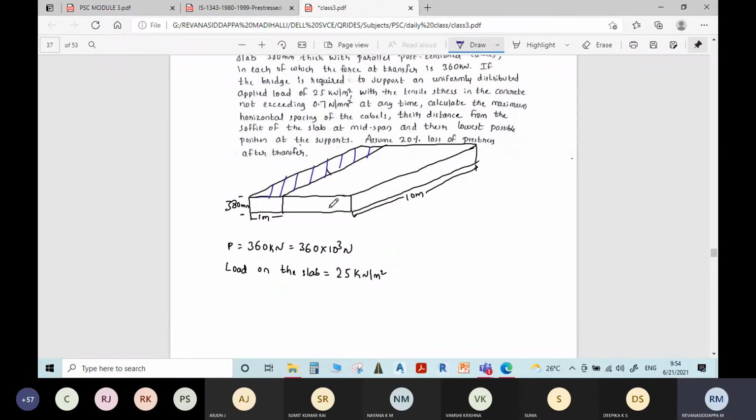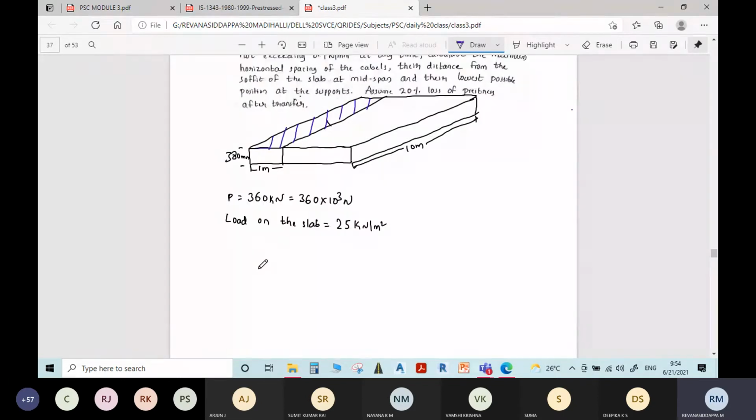Same we will incorporate for the rest of the slab. This is the basic principle which we follow for the design of any slab, it may be PSC or RCC.